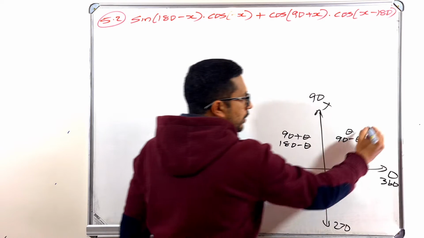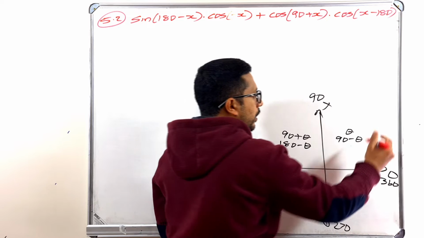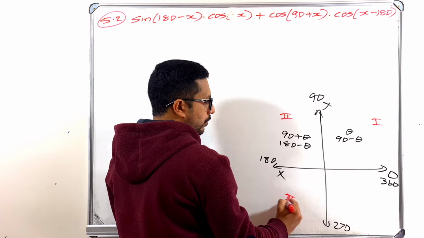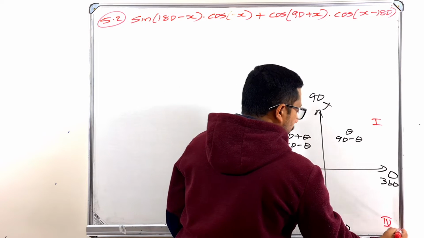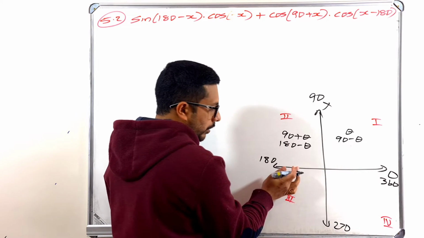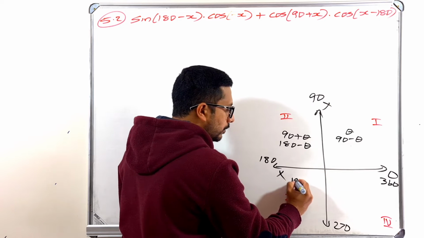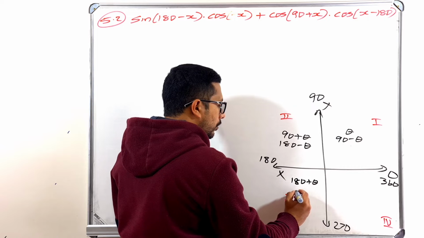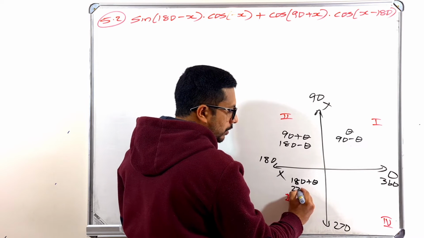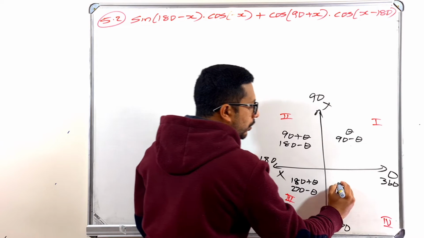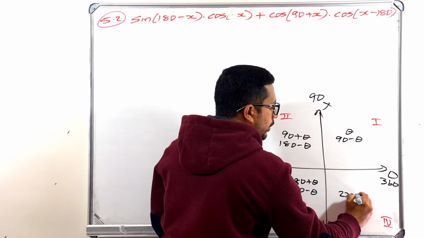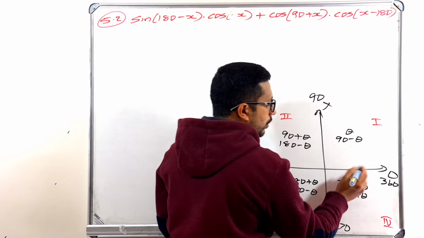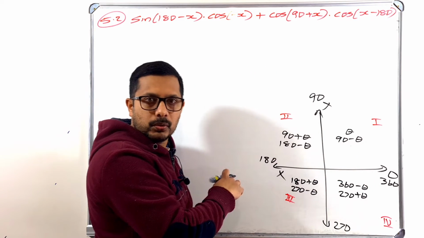This is the first quadrant, second quadrant, third quadrant, and fourth quadrant. So here how can you write 180 plus theta, or 270 minus theta, or this one is 270 plus theta, or 360 minus theta, or this one is 360 plus theta also.